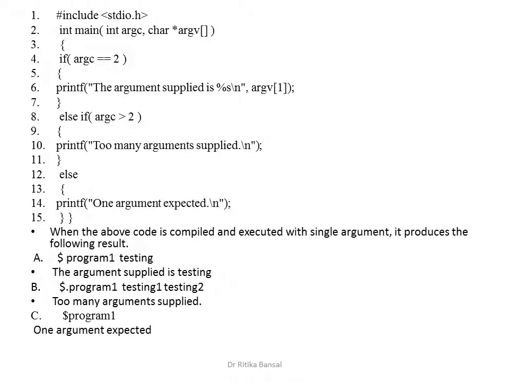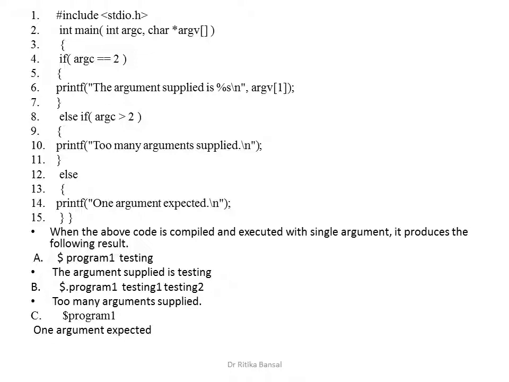Now this is the code through which I will try to explain argc and argv. On the screen, first the numbering, in the numbering part there are a few lines of code, and at the end of the slide a, b, c points are the three output executions. Let's first read a, b and c points. At point a, dollar is the command prompt sign, then program 1 space testing.